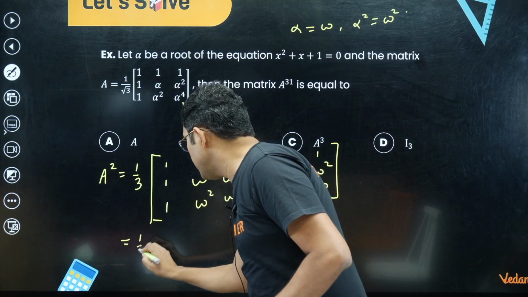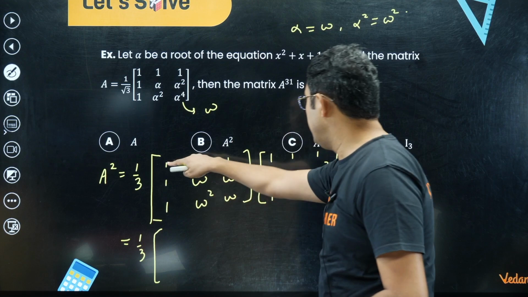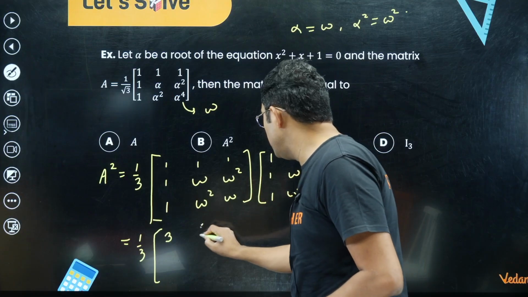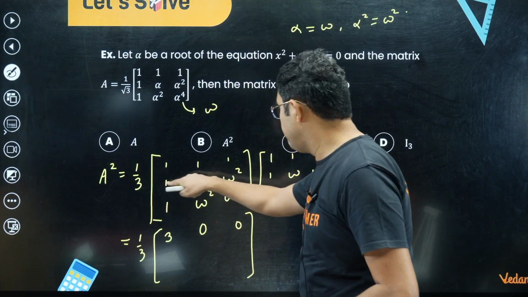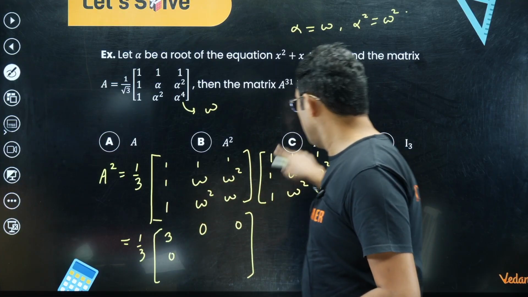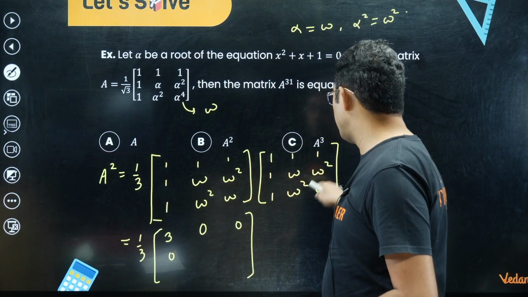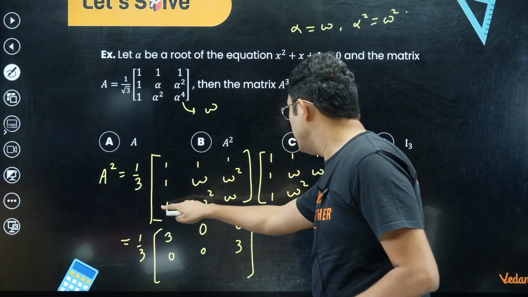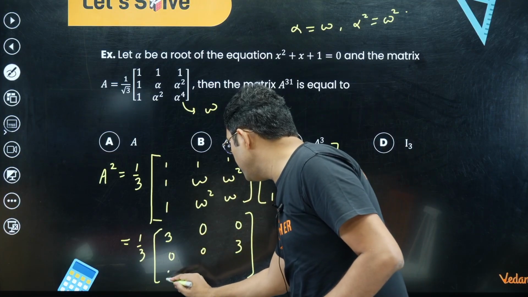So here it will become 1 upon 3. If we multiply first row with first column, it gives you 3. First row with second column 0, and this also 0. Then second row first column will give you 0. Second row second column 1 plus omega square plus omega, this also 0. In this case it is coming out to be 3. Third row first column will give you 0.